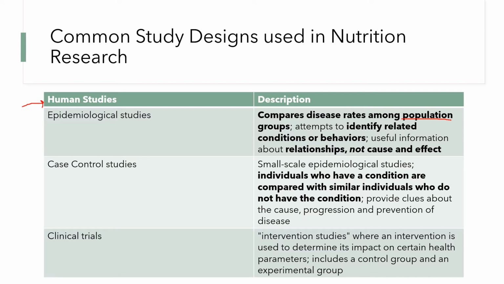For example, going back to the scurvy example with the sailors, a really basic epidemiological study could compare the sailors to the people who stayed on the European landmass and simply ask, do the people on the landmass develop these same symptoms over the same course of time? Even without designing the study, we could have seen that they don't really develop scurvy.